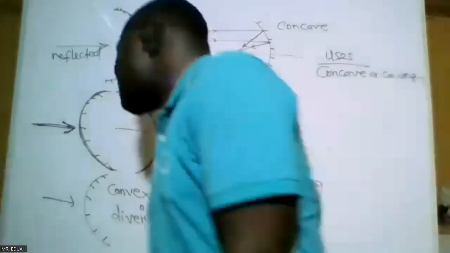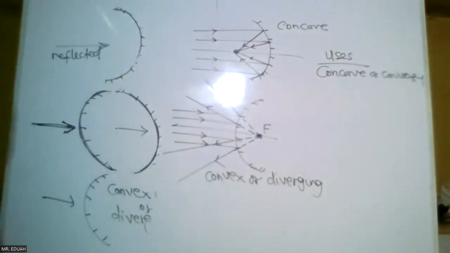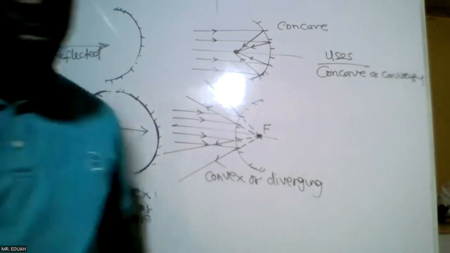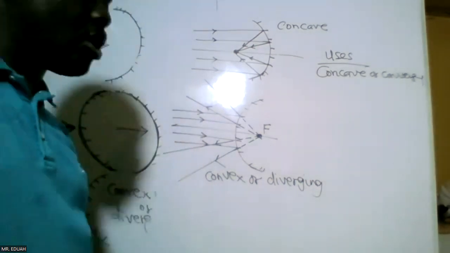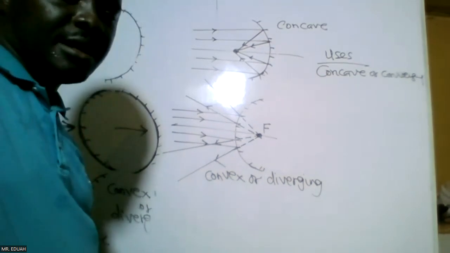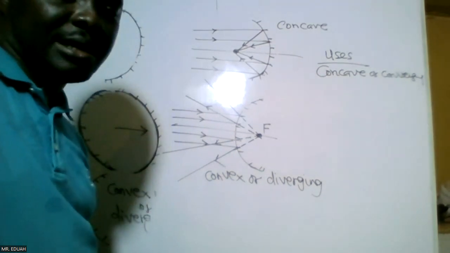All right. Let's look at convex. Please write them down. Convex mirrors. Convex mirrors or divergent mirrors. Immaculate, give us one.